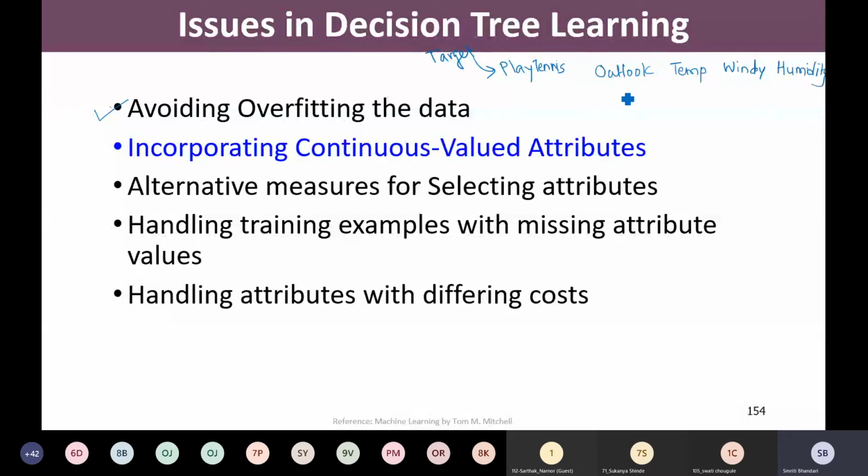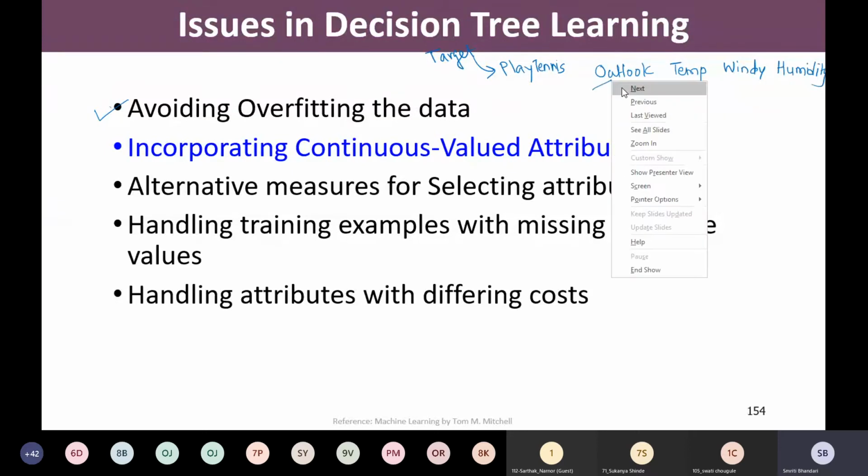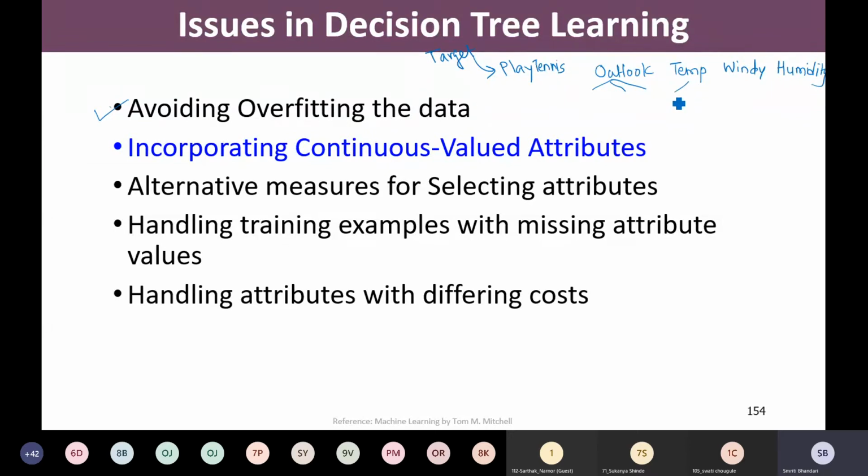Whatever example we discussed earlier, we had some discrete values for these attributes. For outlook, we had three values: sunny, rainy and overcast. For temperature also, we had a few values: hot, cool, mild, something like that. So we had some categorical, discrete values. But sometimes it may happen that the attribute values are continuous valued.